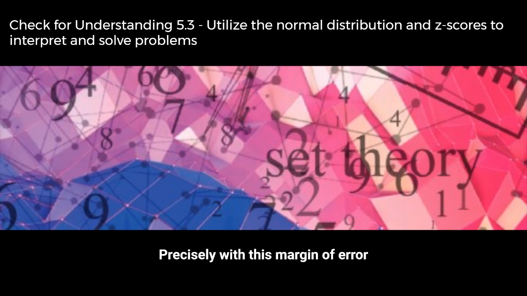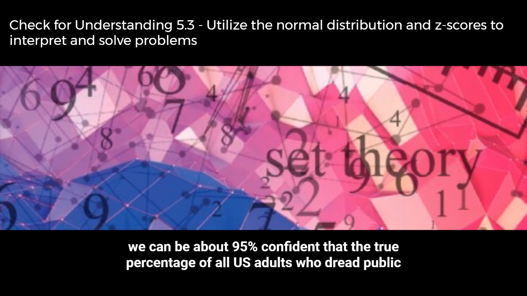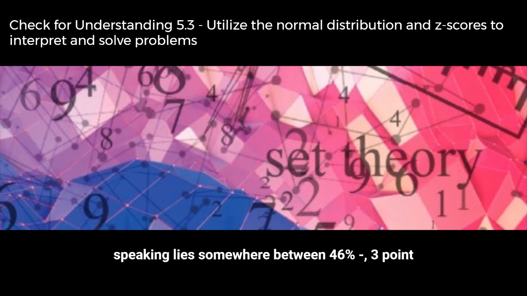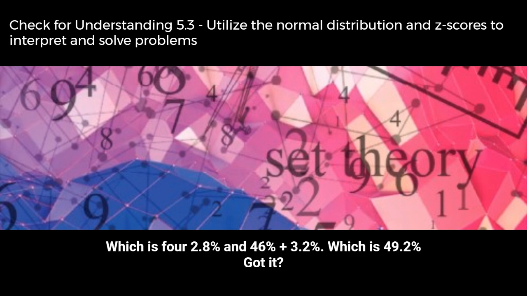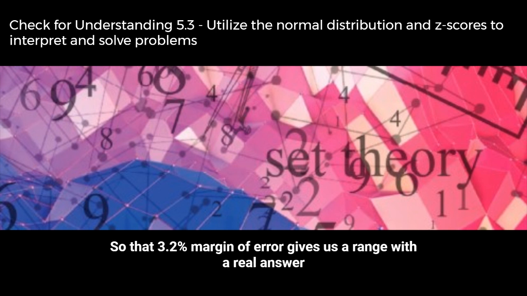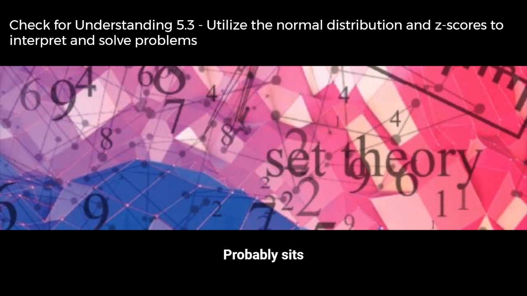With this margin of error, we can be about 95% confident that the true percentage of all U.S. adults who dread public speaking lies somewhere between 46% minus 3.2%, which is 42.8%, and 46% plus 3.2%, which is 49.2%. Got it. So that 3.2% margin of error gives us a range where the real answer probably sits.